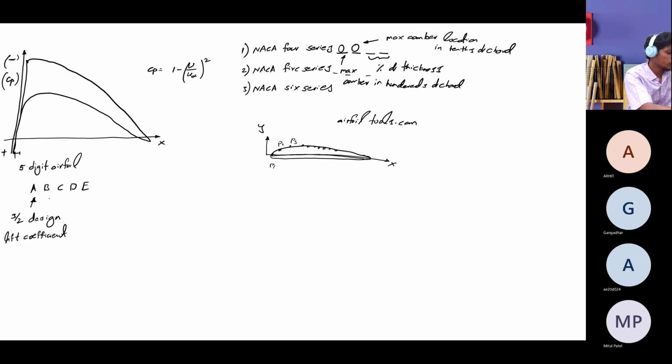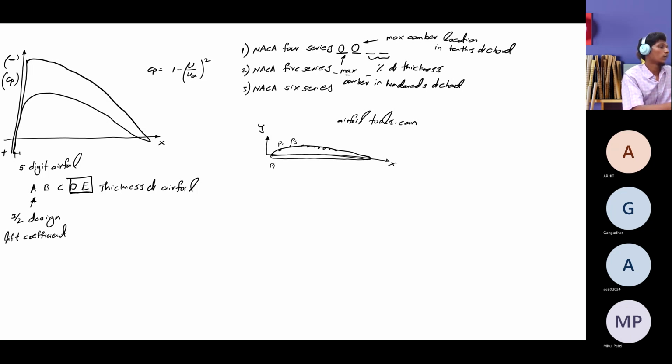I cannot recall it now, but two things are D and E. Again, the most common thing is that the last 2 digits indicate the thickness of the aerofoil in percentage of the chord. This is common, so you can easily figure out that the last 2 digits parameter is always the thickness of the aerofoil.